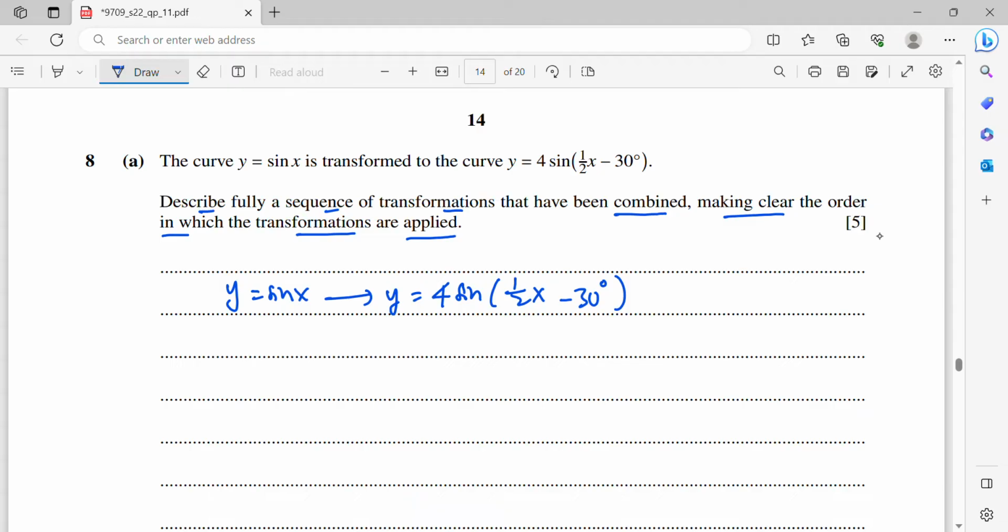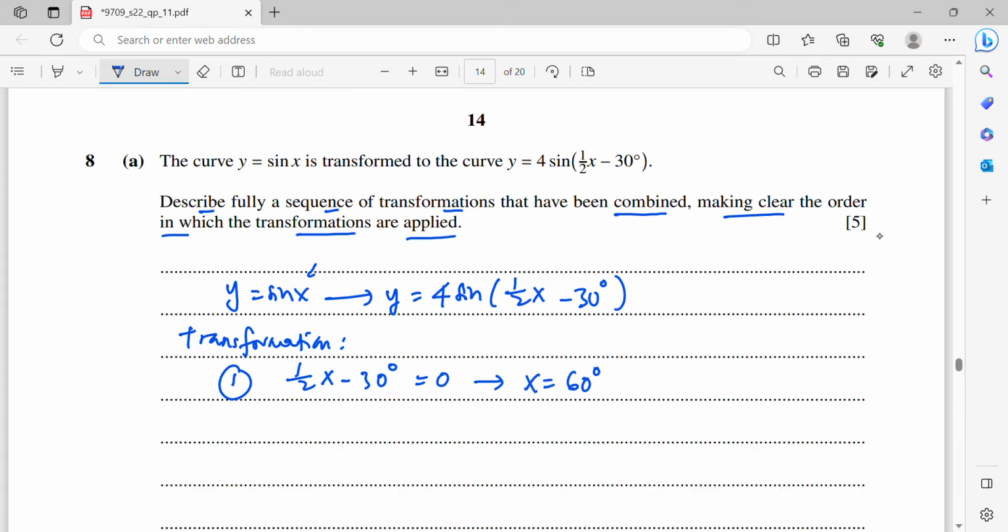Okay, so the transformation will be, the first is translation. Okay, so I will let half x, half x minus 30 degrees. I need to consider the x first. From x change to half x minus 30 degrees equals to 0. Then from here, my x will be 60 degrees.